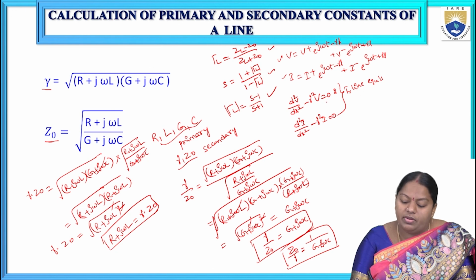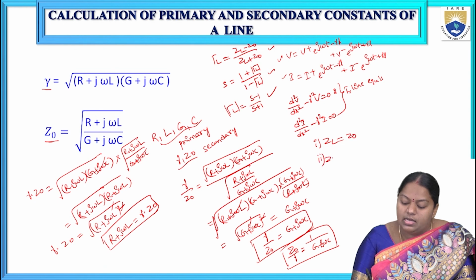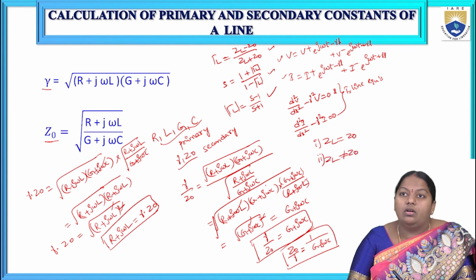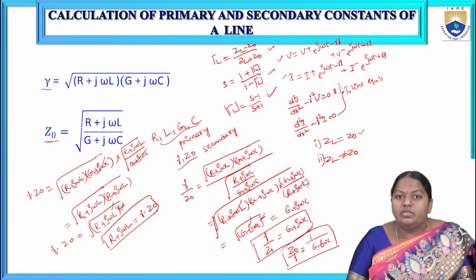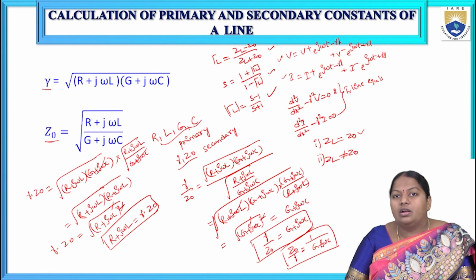Now, in this case, we have evaluated two conditions. The first one is if ZL is equal to Z0, and the second case is ZL not equal to Z0. If ZL is equal to Z0, whatever power is transmitted from the source to the load is completely transferred from source to destination. The line is said to be a matched line and the condition is called matched load condition.